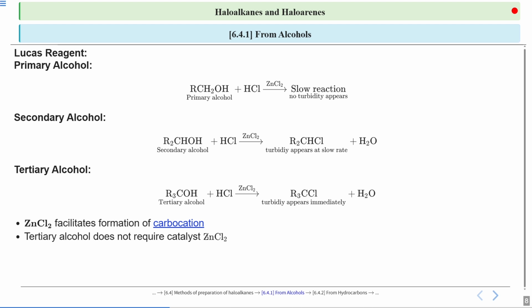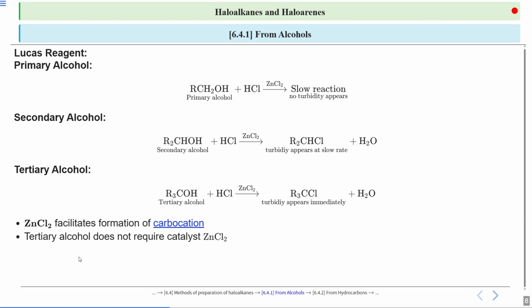If we focus on the preparation of alkyl chloride from alcohol, the tertiary alcohol reaction with hydrogen chloride does not need zinc chloride. The reaction is conducted by shaking the alcohol with concentrated HCl at room temperature, and you get the desired alkyl chloride from the tertiary alcohol.